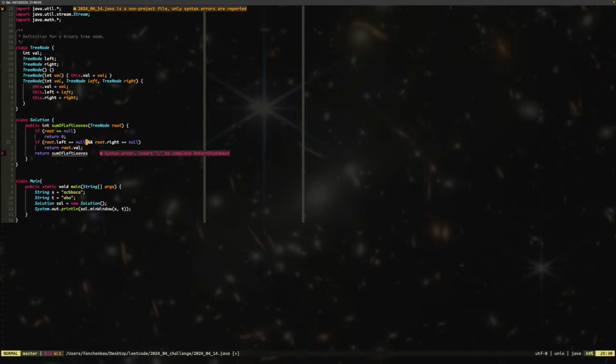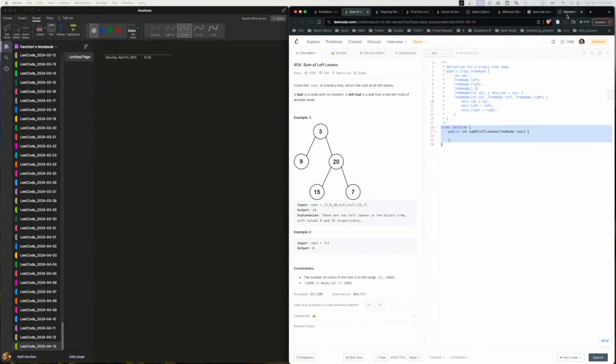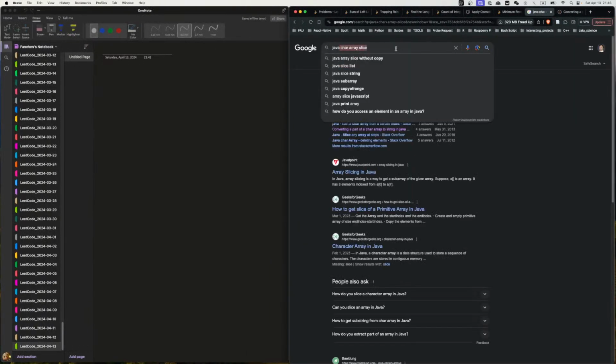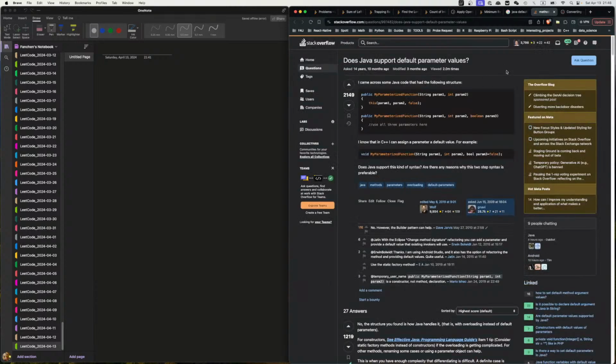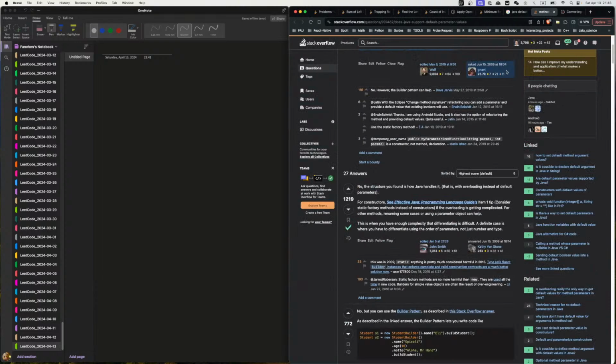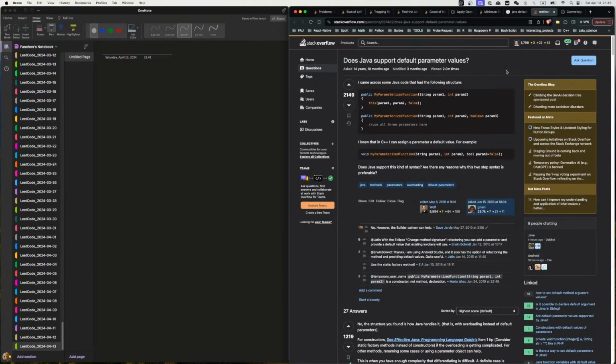Do we need to have another function? Because I need to know if the current is a left, right? I'm not sure how this one goes. Does Java have a default argument? Does it have it? Yeah, you have to override it.